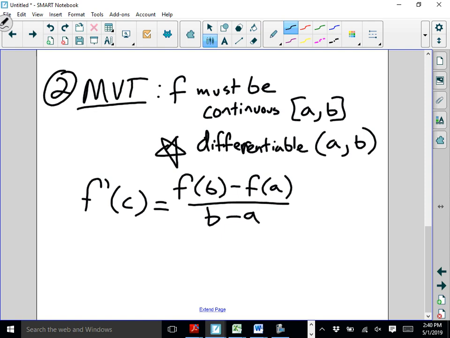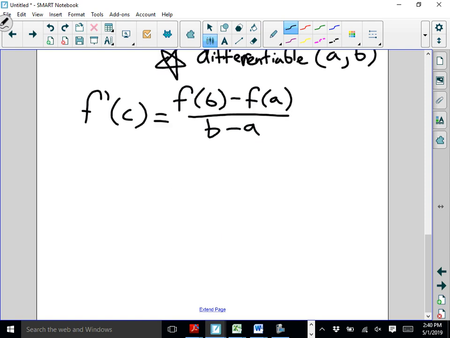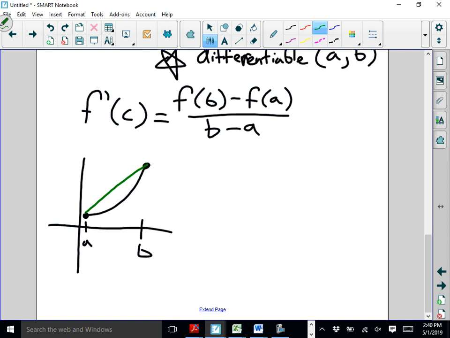Again, what this is saying in layman's terms, if I have something that's continuous on a closed interval and differentiable on an open interval, that means it has to not only be connected, but it has to be connected without any corners or anything like that. Okay? The average rate of change would be this slope, f of b minus f of a over b minus a.